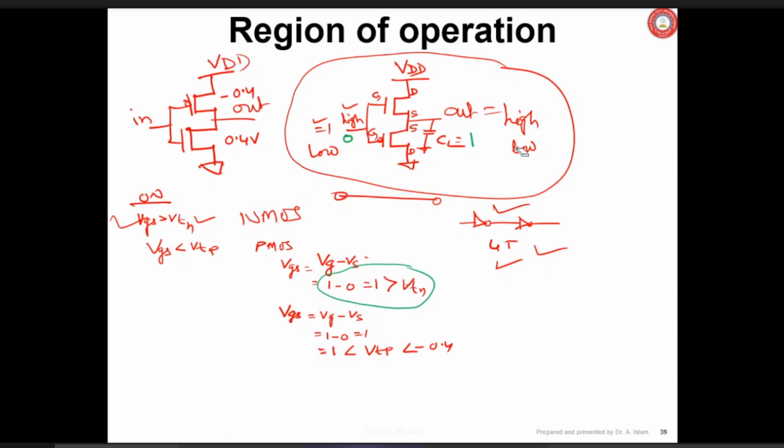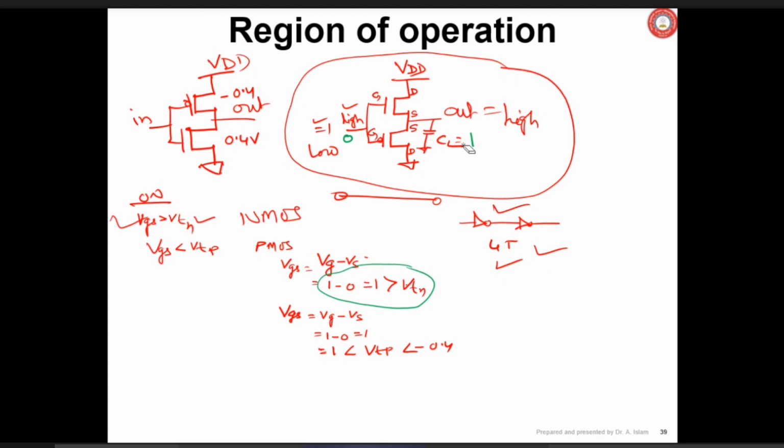Initially it is high, and from that point we are starting. You have applied a 0 input. So for the n MOSFET, VGS is, we are assuming in this case, we have seen that it cannot go up to 1 volt. It can go up to 0.6 volt, but we are assuming that it is 1 volt.